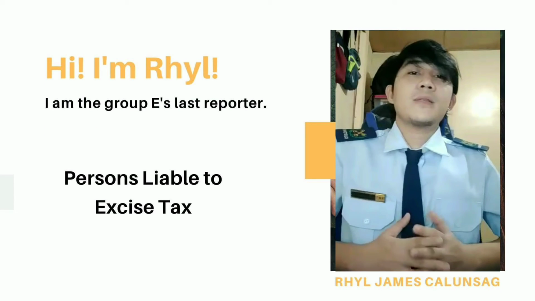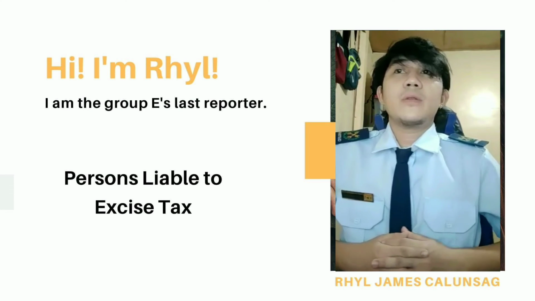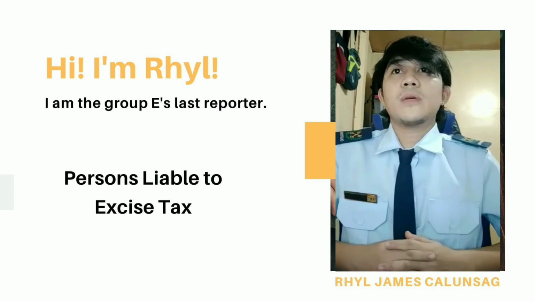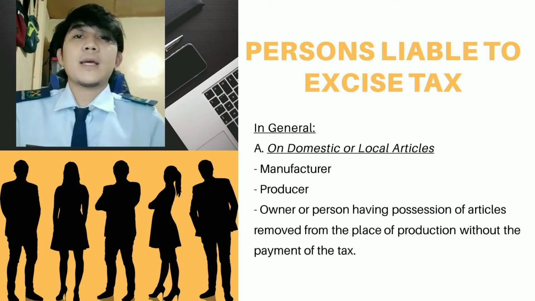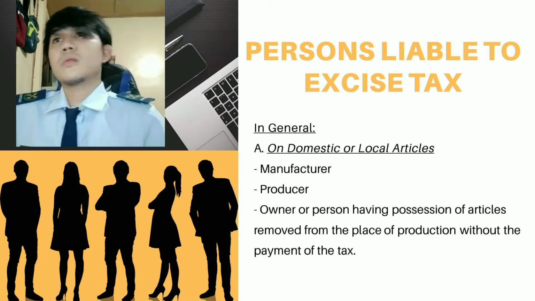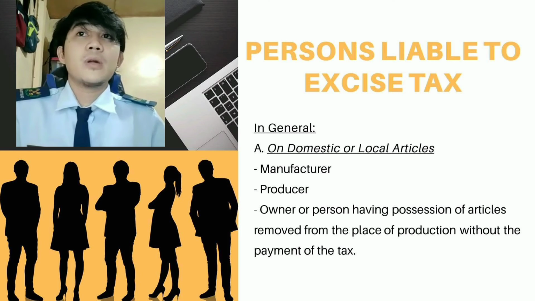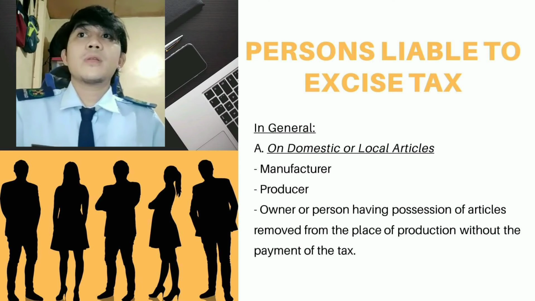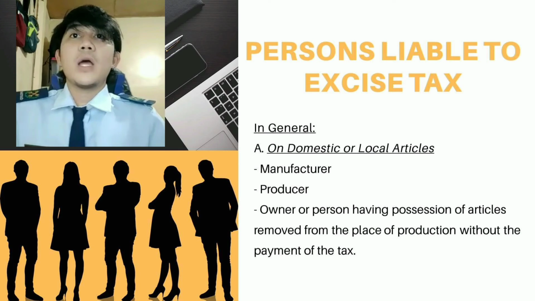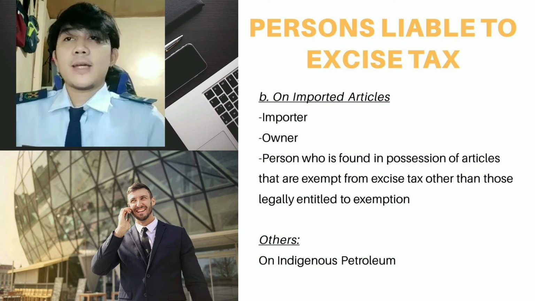Hey, what's up guys? This is Raul James and I'm going to talk about persons liable to excise tax. So, persons liable for excise tax, in general on domestic or local articles, are the manufacturer, producer, owner or persons having possession of articles removed from the place of production without the payment of the tax.